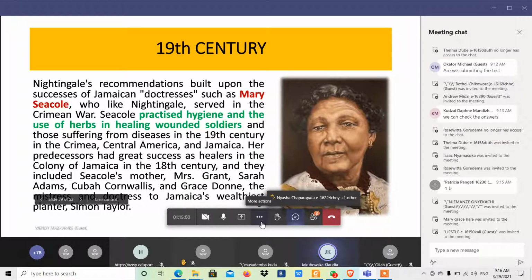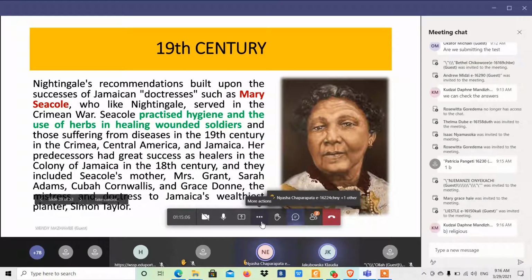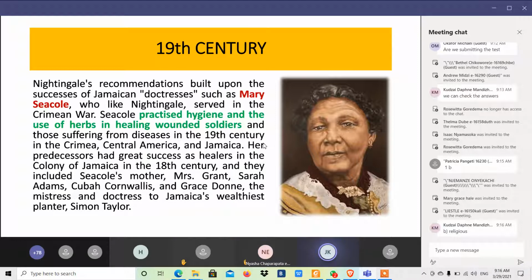No. B. B, ma'am. Yes, exactly. So religious, B. In medieval Europe, the nurse had a religious role because we had nuns and monks.